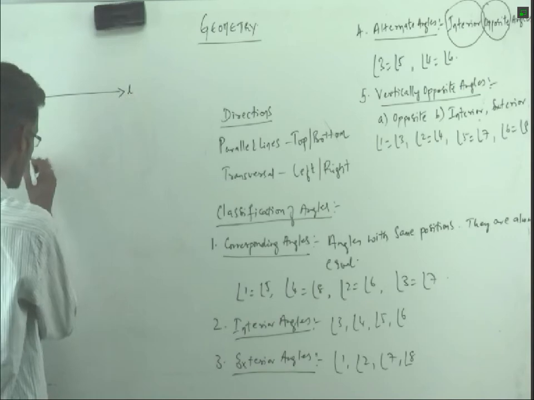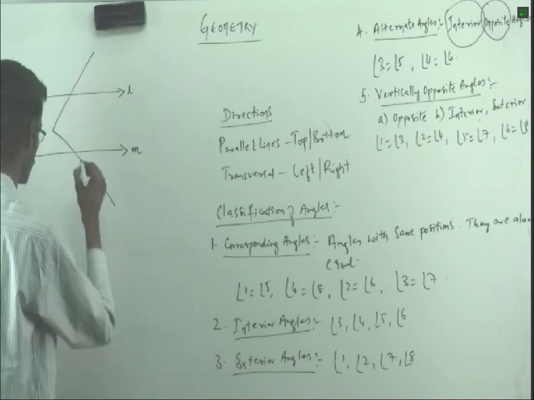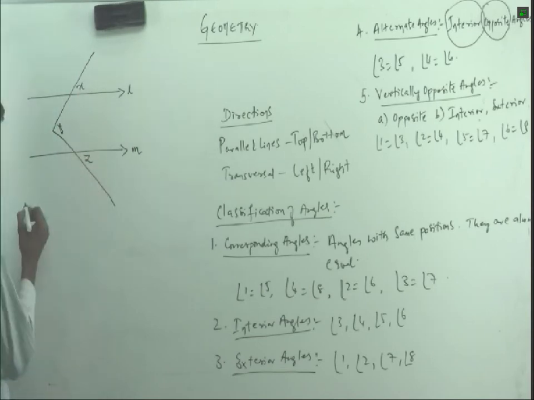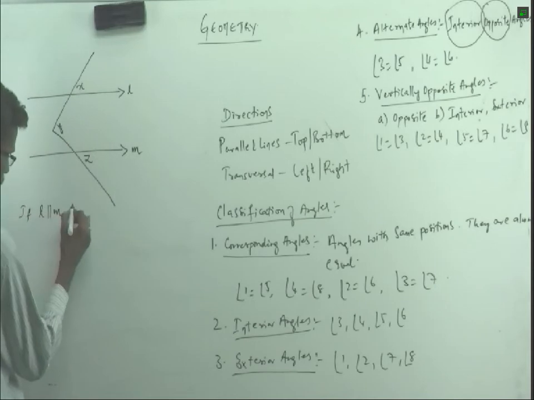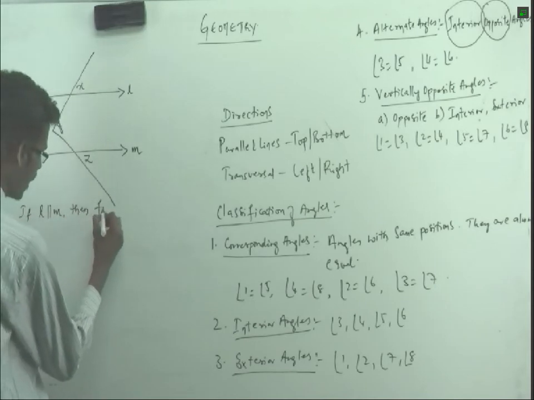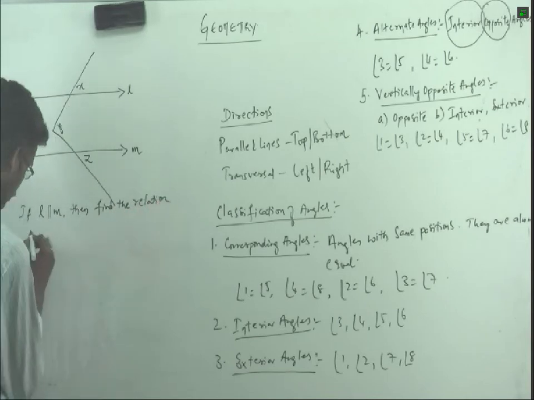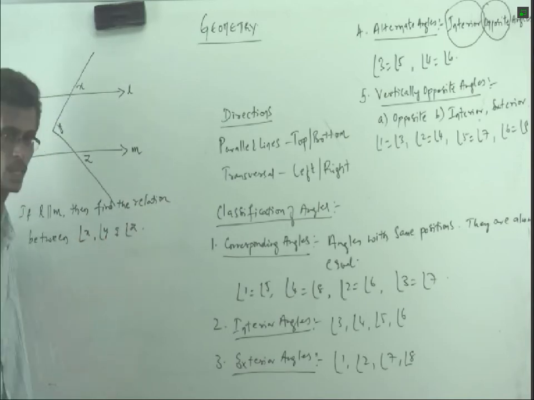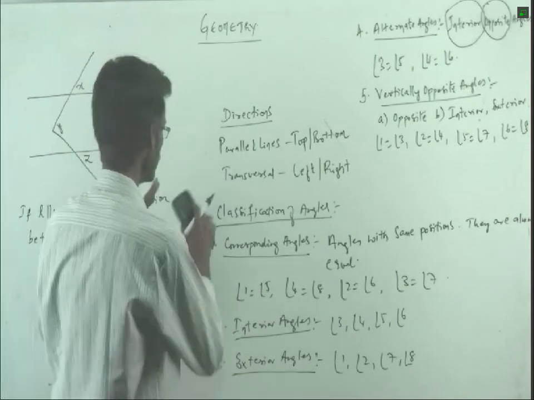Consider two parallel lines L and M. Let us name these angles as X, Y, and Z. The question is, if L is parallel to M, then find the relation between the three angles X, Y, and Z. This is the question.